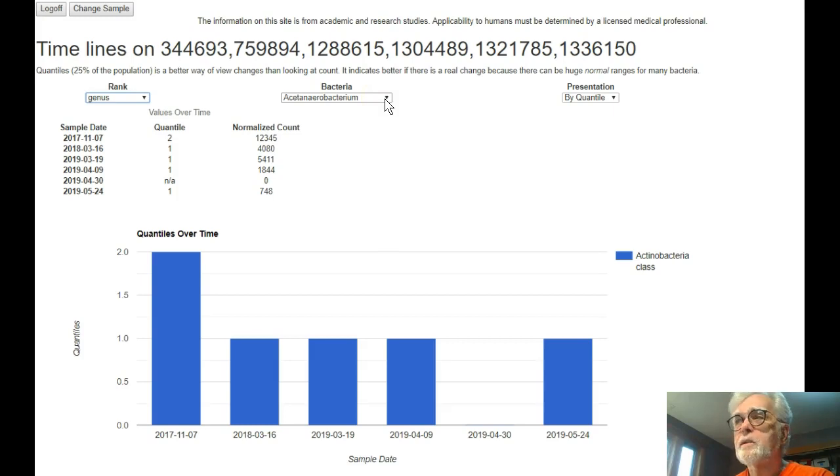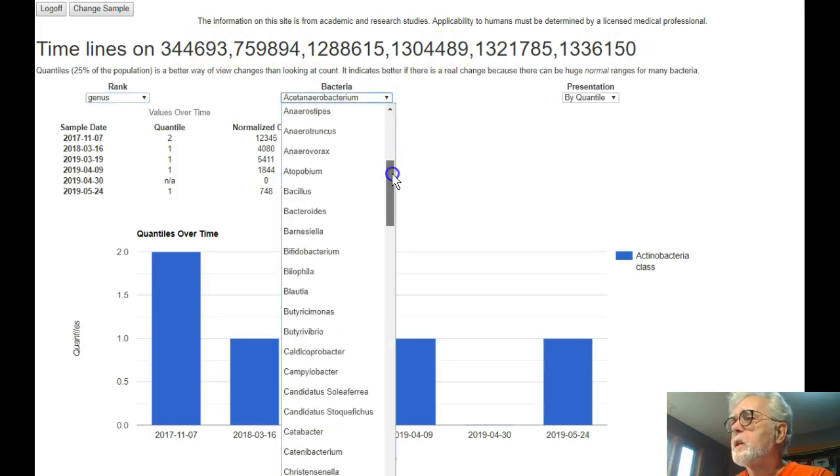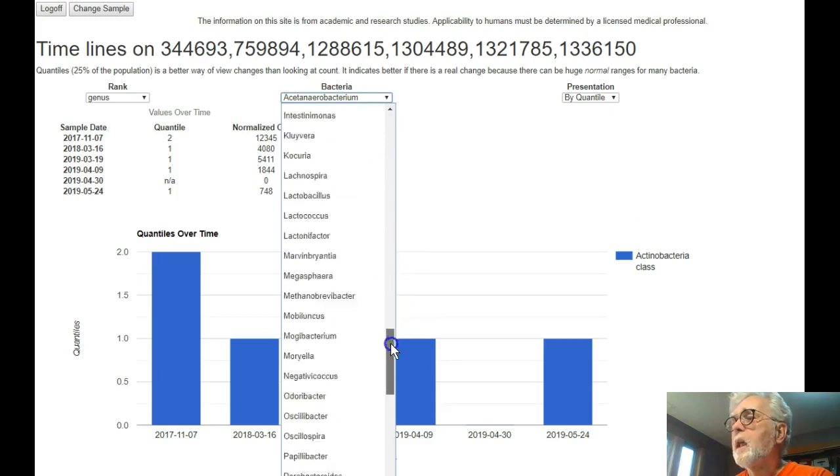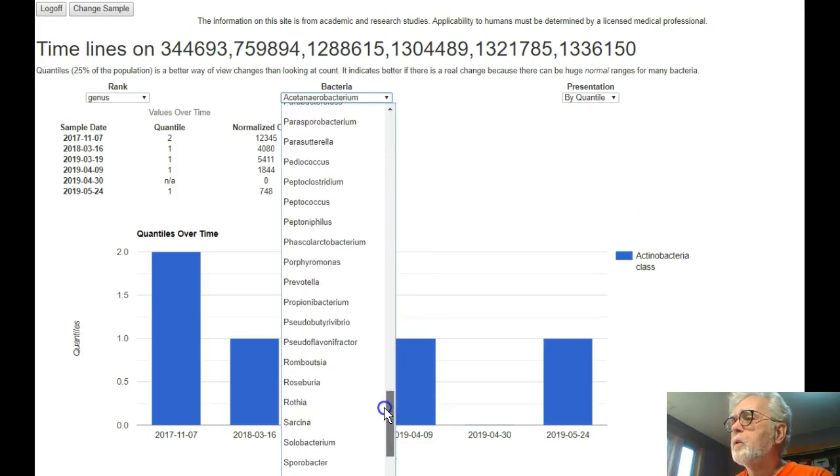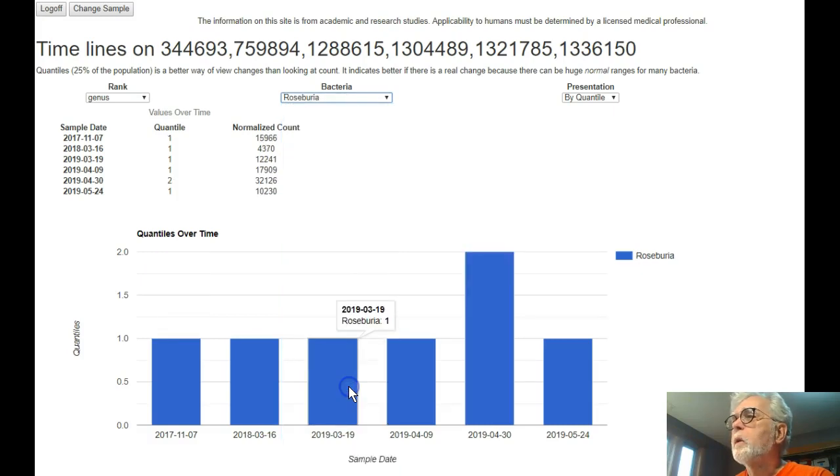What is in this list is not all the bacteria. This is the list of bacteria that has shown up in any one of your samples. So here we go down and we see things which have shown up in any of the samples. I'm going to go down to Wolveria and see what happens.